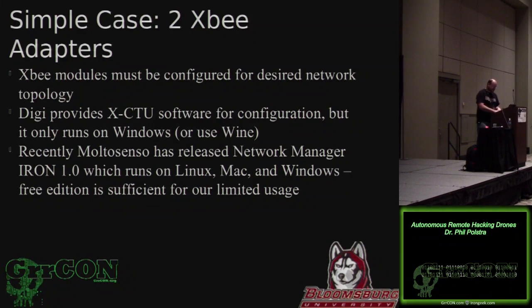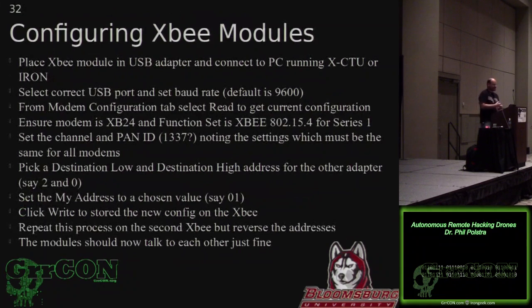All right. So just to review real quickly, how do you set those things up? You get your XB modem that I showed you the pictures, and I have a couple over the table as well. You just put it in your adapter, and you run the software, and you set up a couple of things. Like, you have to set up the baud rate.